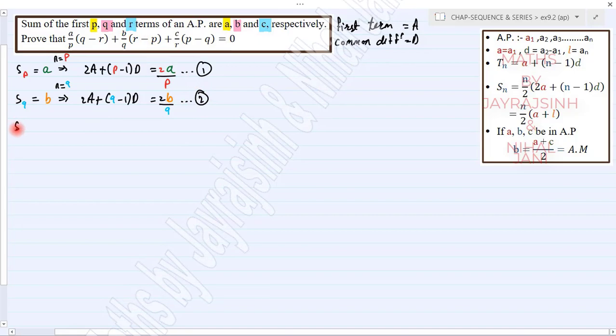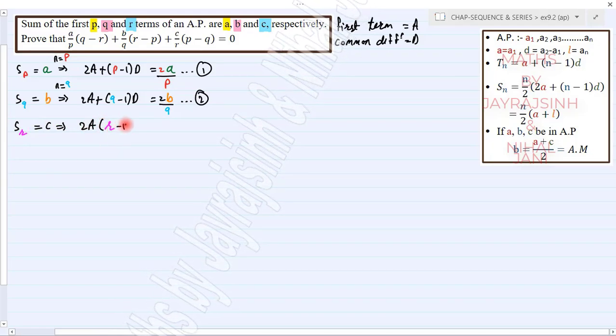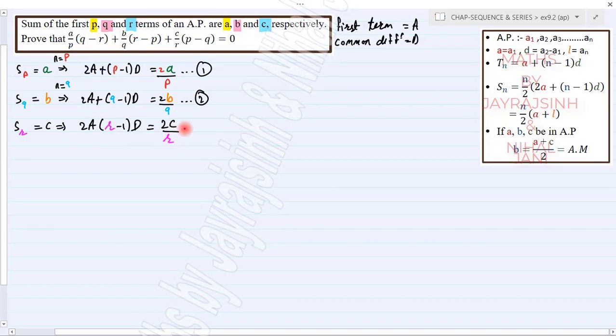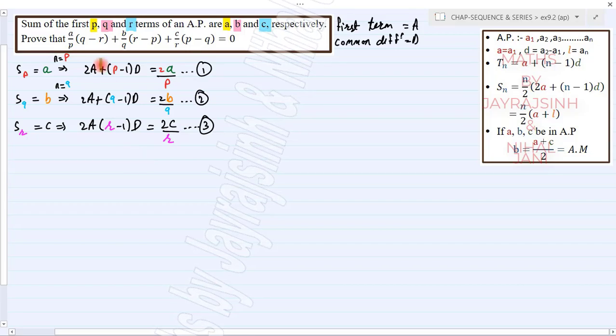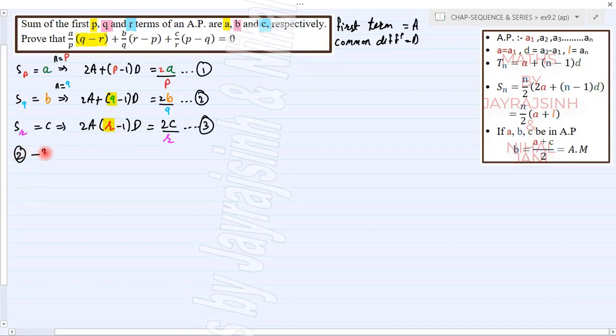Similarly, the sum of r terms is equal to c. So we'll get 2a plus (r minus 1) into d is equal to 2c by r, which will become the third equation. Now, to prove our statement, we have to obtain q minus r, which are in the second and third equation. So let's take the difference between the second and third equation.